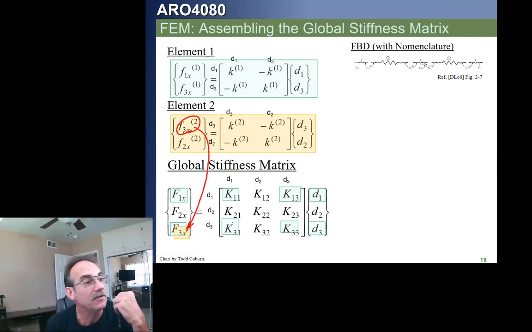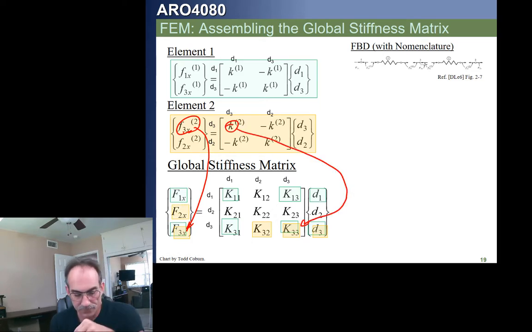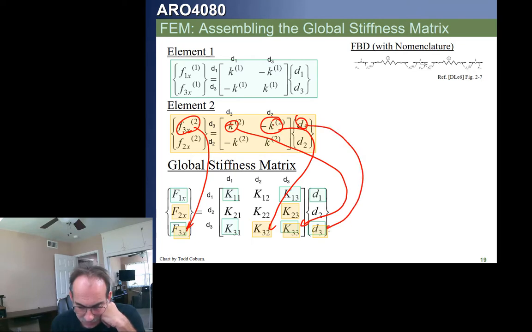The second term, this term here is 3, 3. So this term is going to come down here to 3, 3. The next term, this is 3, 2. So that's going to go to 3, 2. Then we're going to see our displacement at 3 is going to come into here.